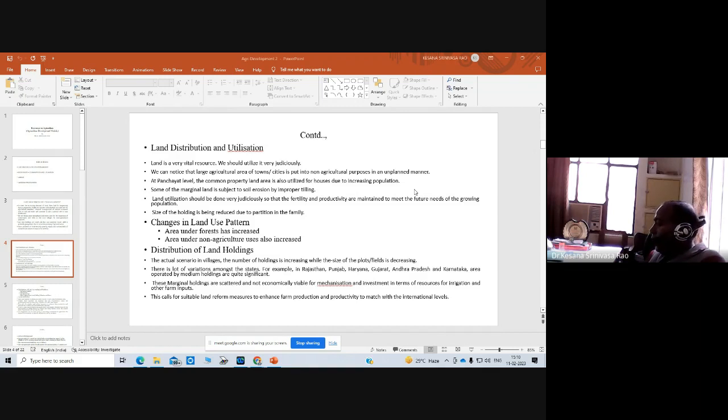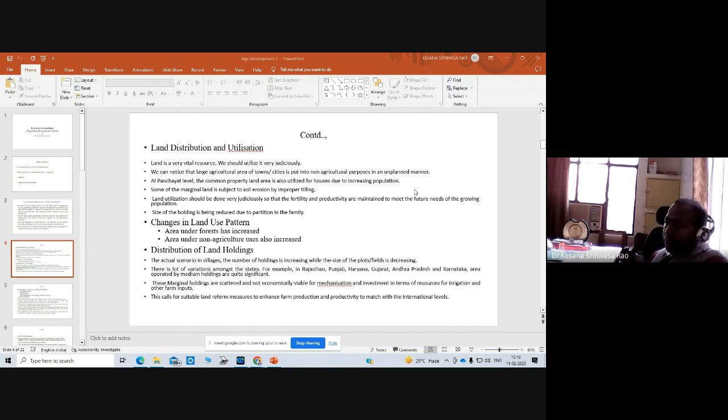This is the most important thing which we have to understand in India. The basic problem is that land distribution mainly depends upon heredity.